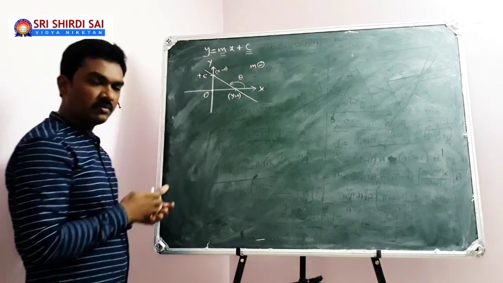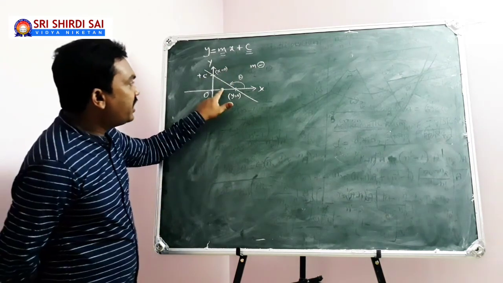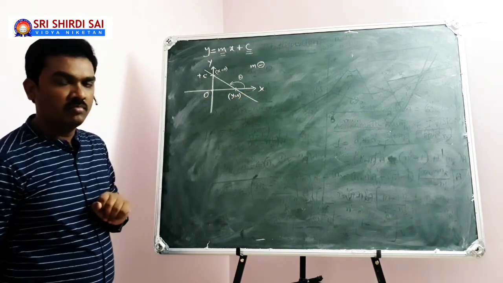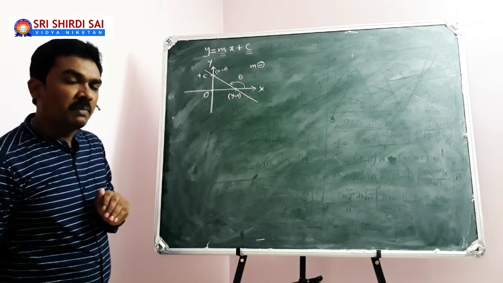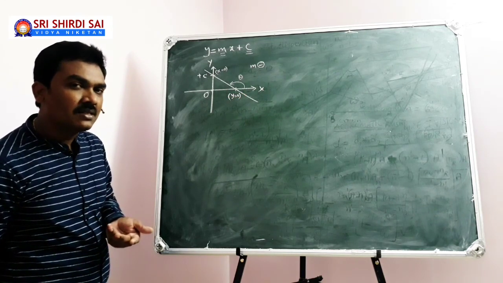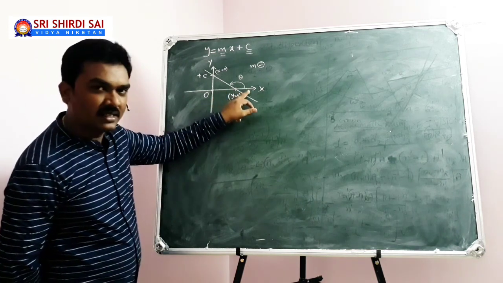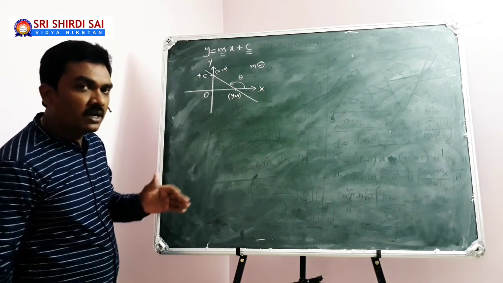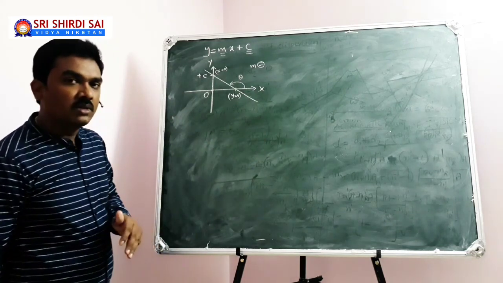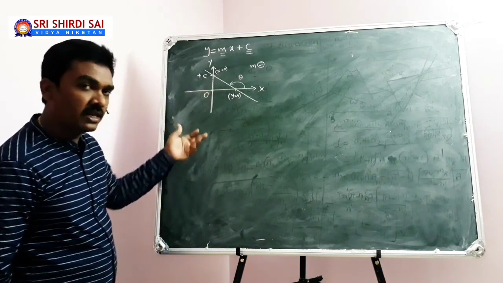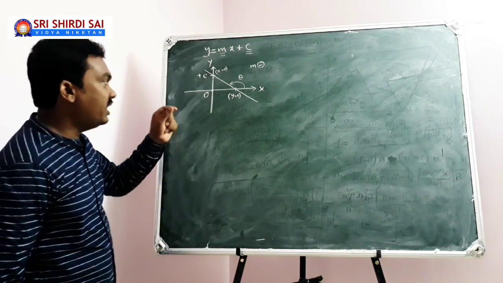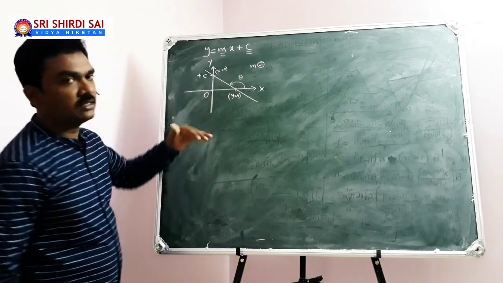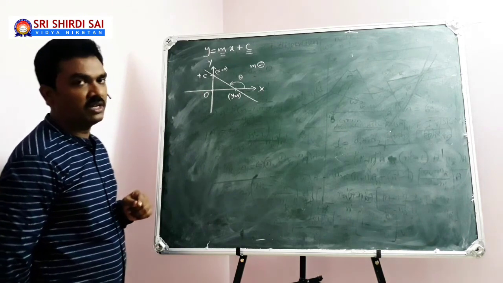Simply to say, any point that lies on the x-axis has y-coordinate 0, because the y-coordinate represents the perpendicular distance from the x-axis. The x-coordinate represents the perpendicular distance from the y-axis, so if your point lies on the y-axis, then the x-coordinate must be 0. For any point on the x-axis, the y-coordinate is 0. For any point on the y-axis, the x-coordinate is 0. This is the point you need to remember.